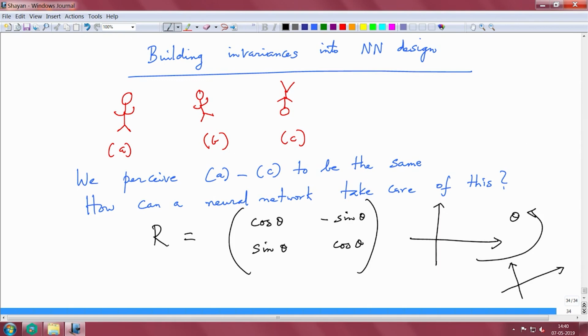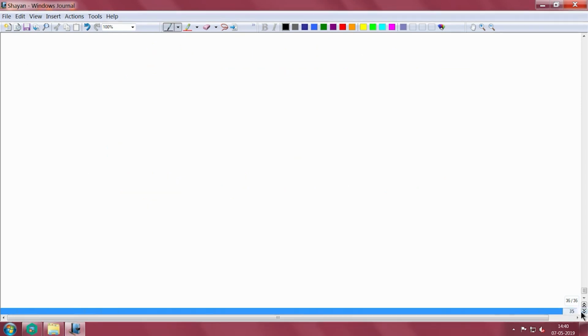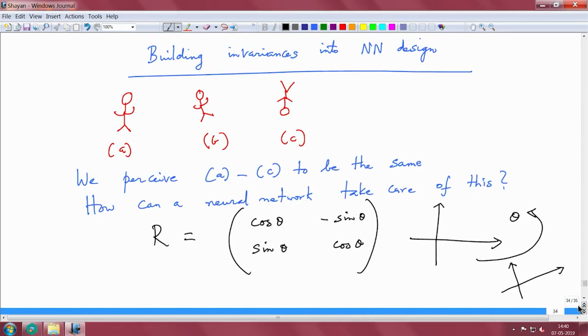So, if we were to extract features, we have to extract features that are rotationally invariant, right. So, this is one of the ideas, or else you have to design the geometry of the neural network in such a way that these invariances are naturally folded within the network.